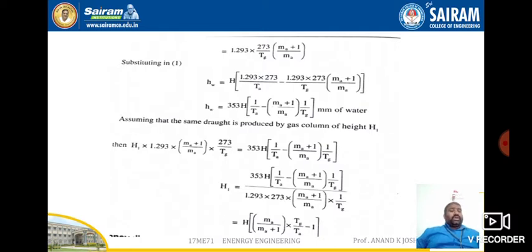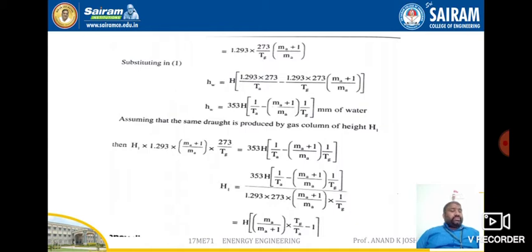This assumes that the same draft is produced by a gas column of height H1. The height of the column of hot gases is H1 times 1.293 times (Ma + 1) divided by Ma times 273 divided by Tg, where Tg is the temperature of the gas.